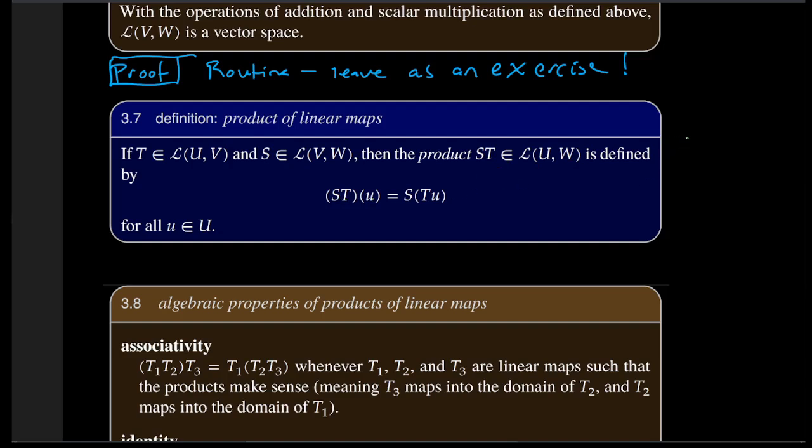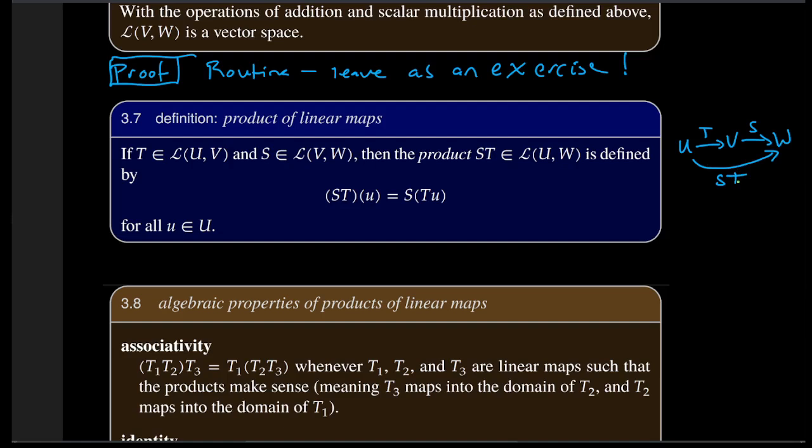That is, you have u, and you're sending it over by T into V, and then you're sending it over by S into W. You can just whoop on over with ST. That sends U to W.